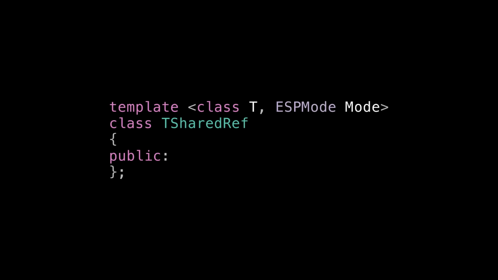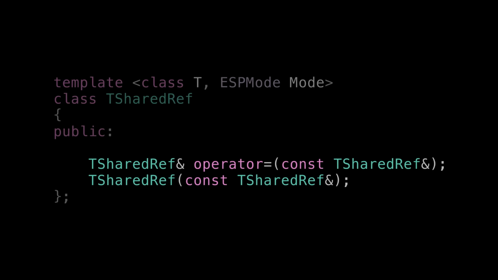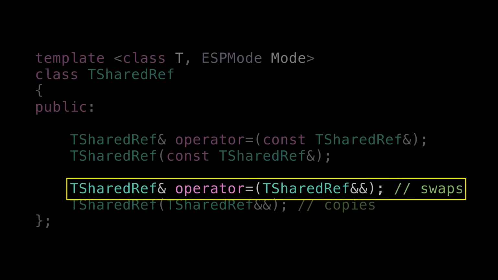Moving on. Shared ref has the expected copy constructor and copy assignment operator, which will increment the reference count of the object we're pointing to. No surprises. Now, what about our move operations? Well, they've done something clever for move assignment. With move assignment, you have two values to work with, two values that already exist in a valid state.